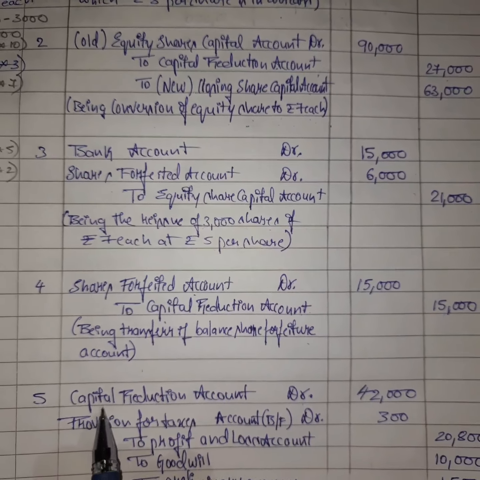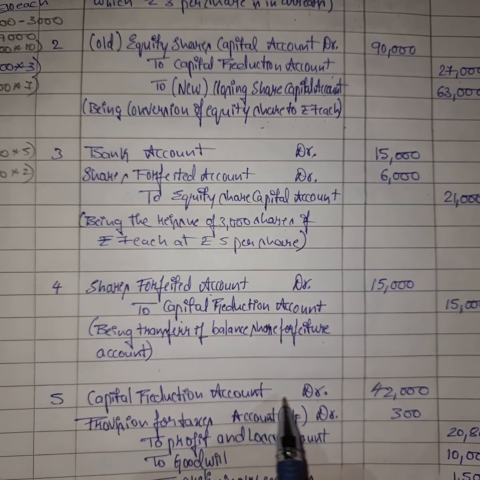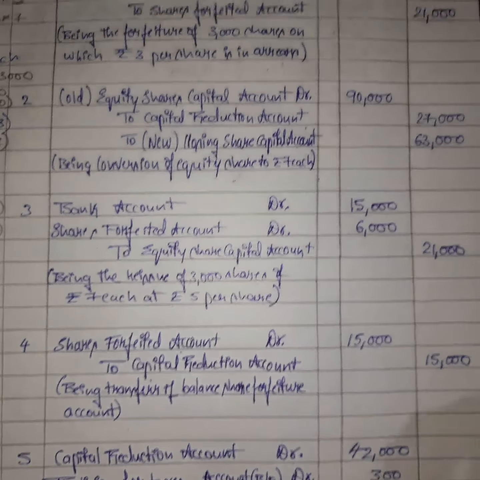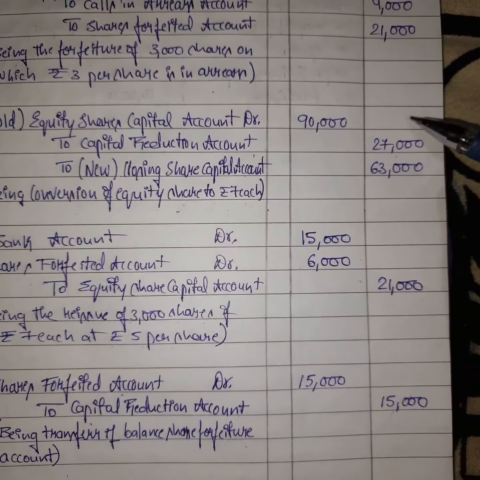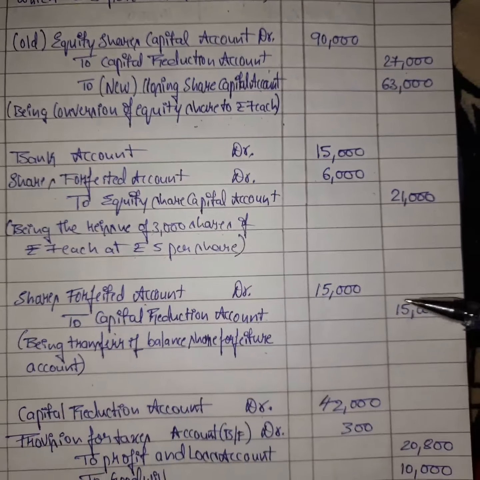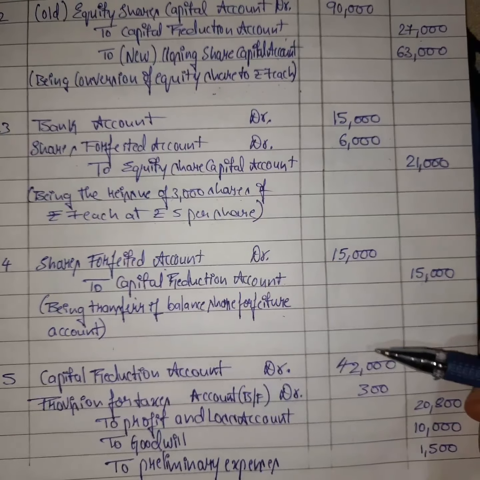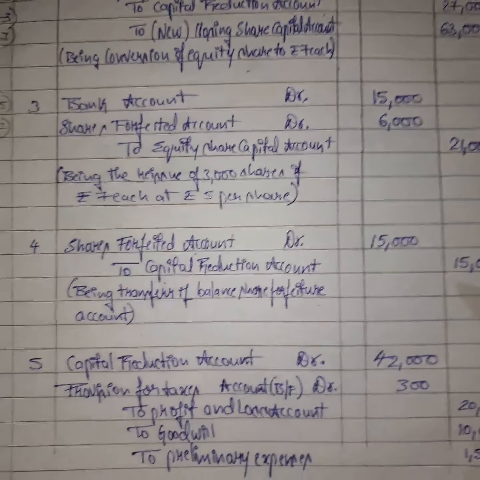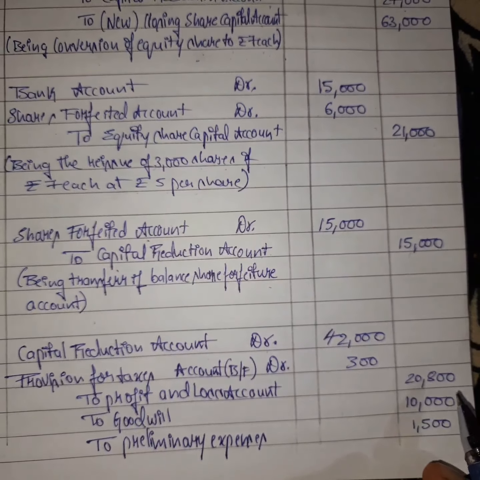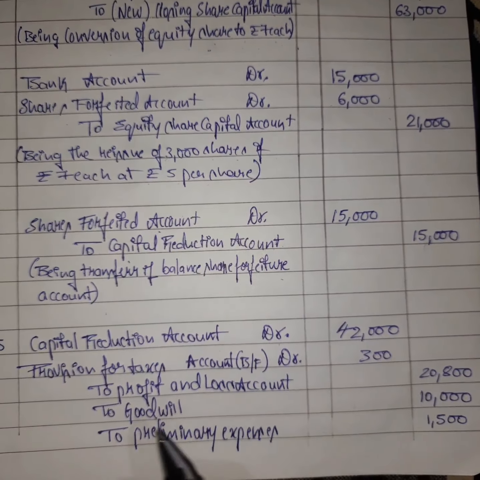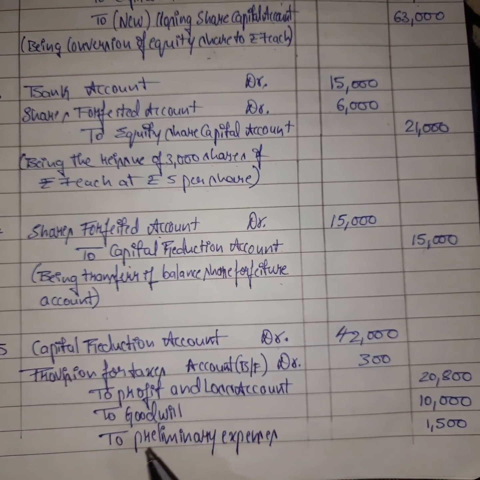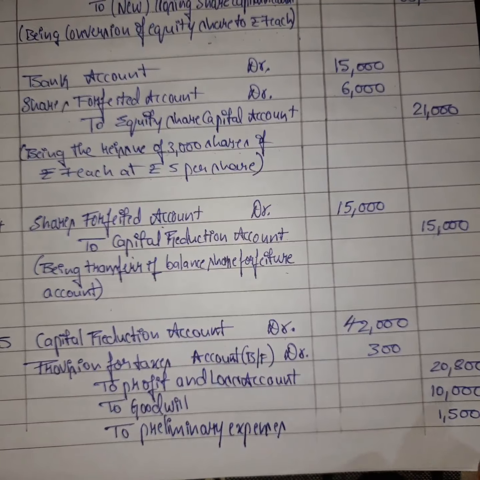Coming to next, capital reduction account debit 42,000. The amounts which you have taken are 27,000 as well as 15,000. If you are totaling, you will be getting 42,000. Next, to profit and loss account 20,800 from the balance sheet. To goodwill 10,000 you will be taking from the balance sheet. To preliminary expenses 1,500.